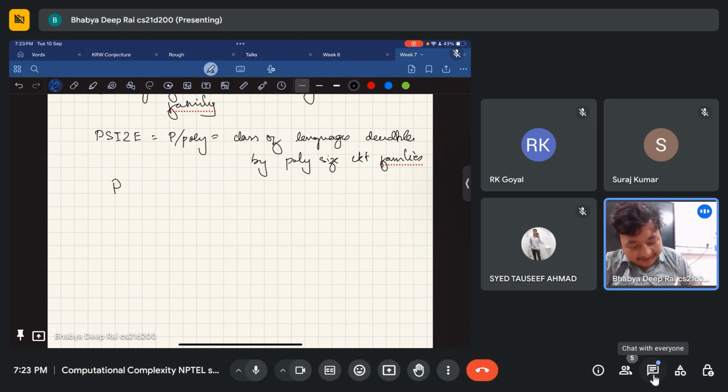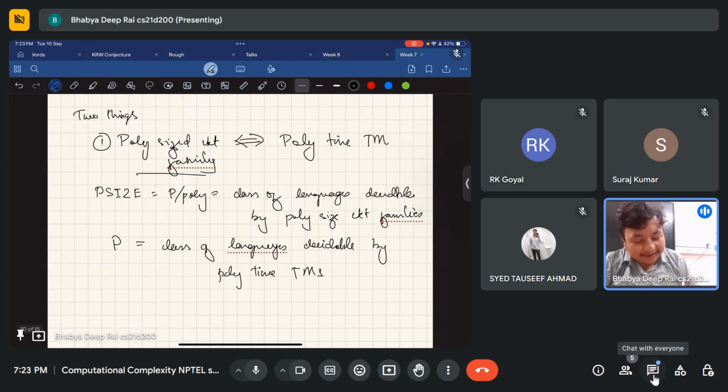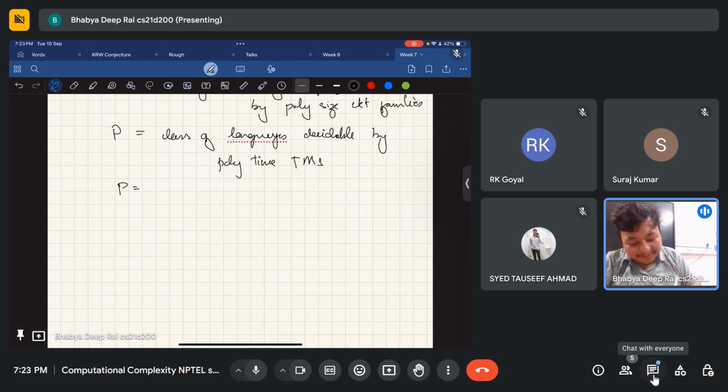And what is P? P is the class of languages decidable by polynomial time Turing machines. We are saying these two are almost the same thing. So can we say that P is equal to P slash poly?